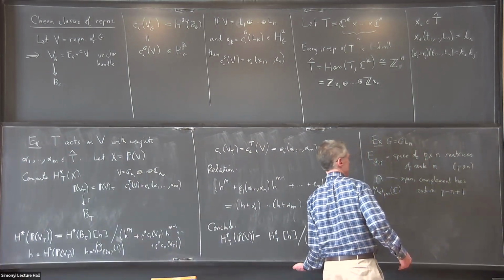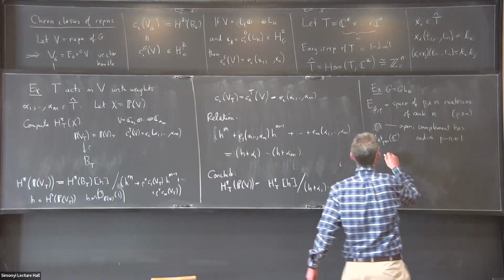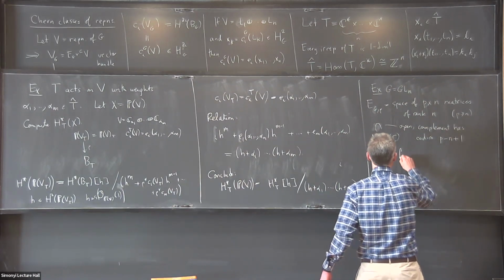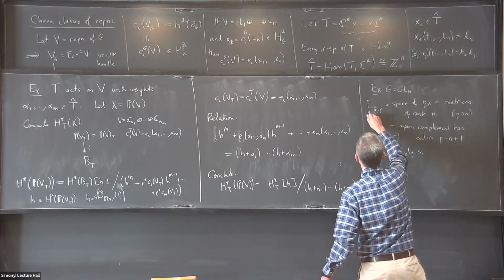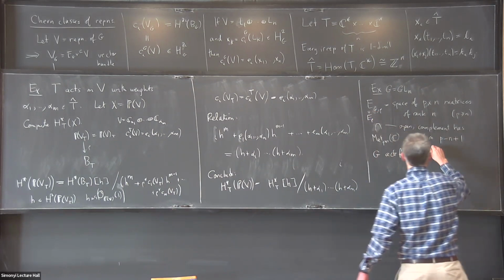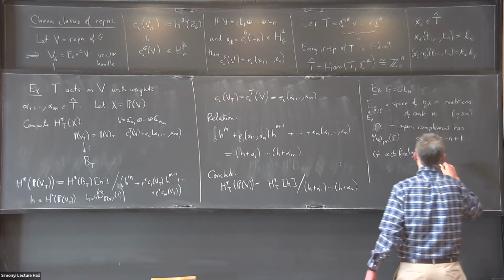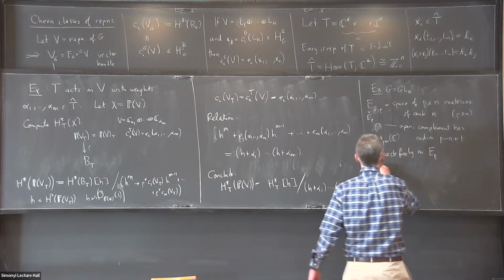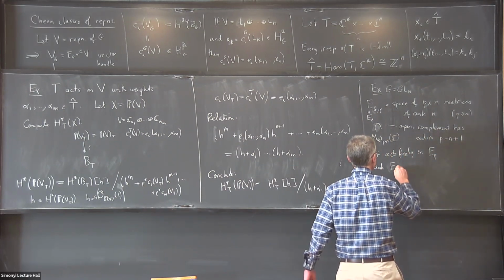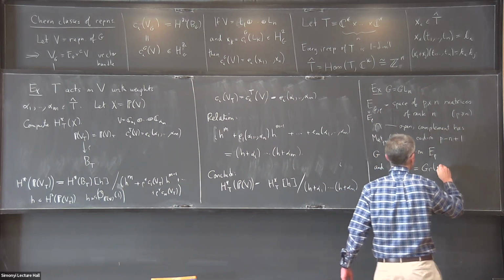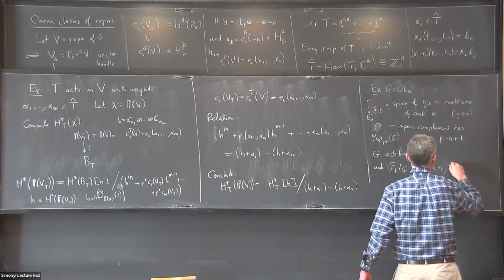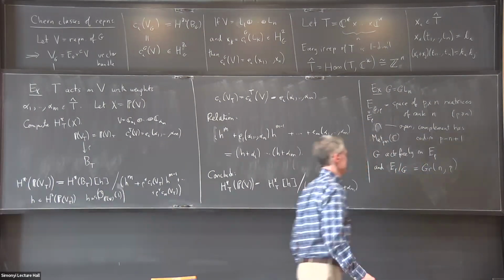So G acts freely on EP, and EP mod G is just the Grassmannian of N planes in P space.